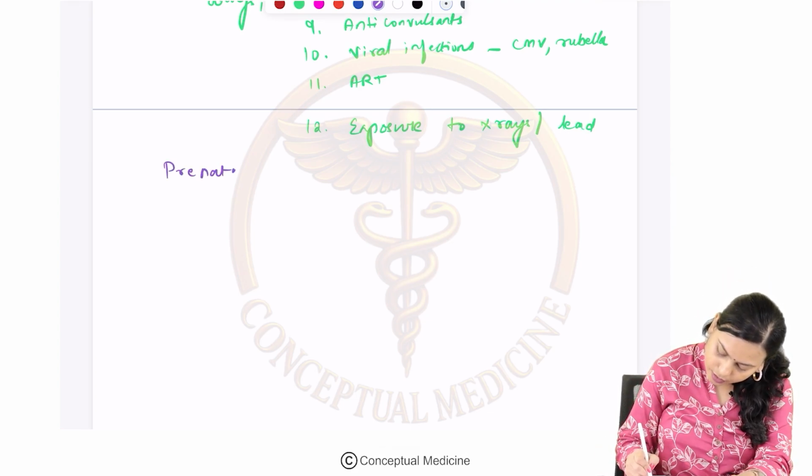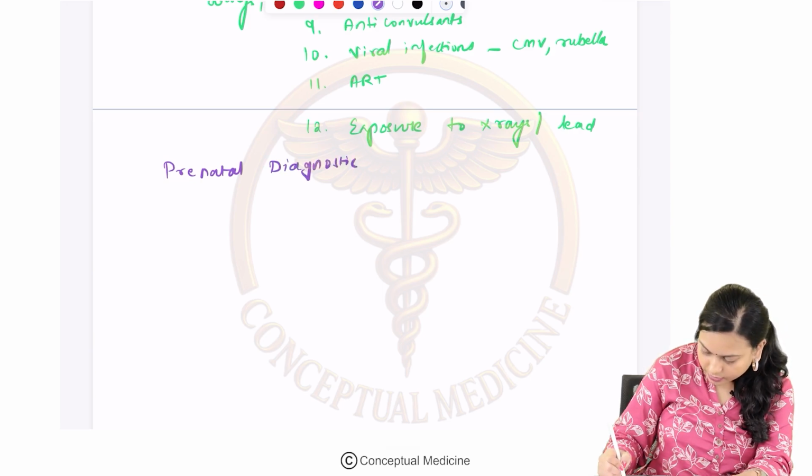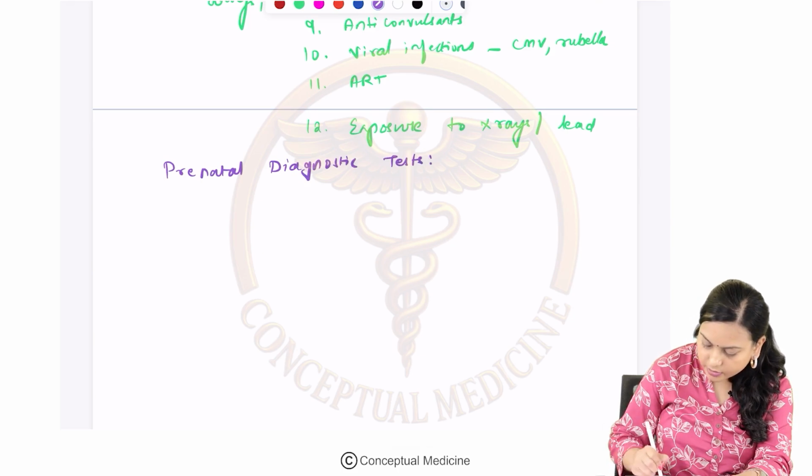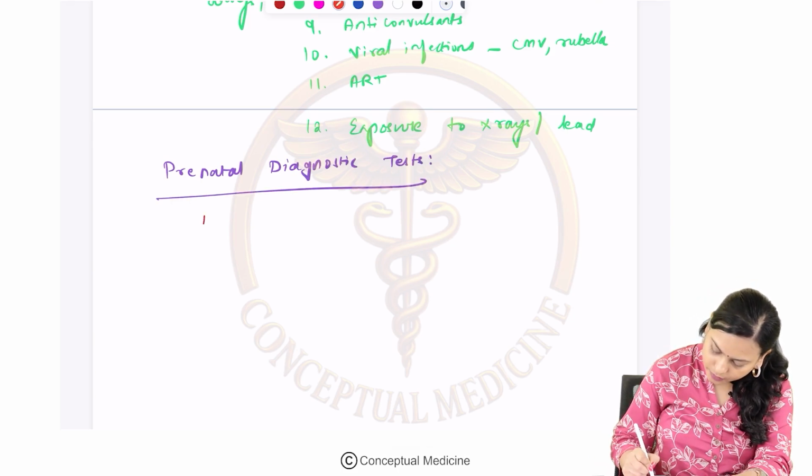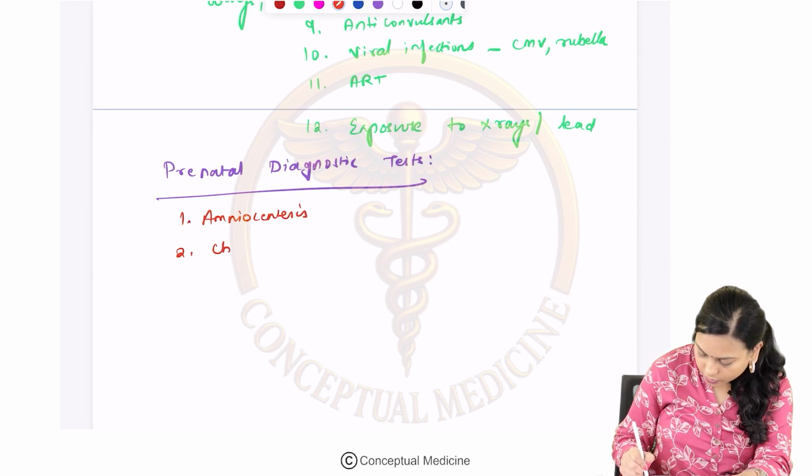So, the prenatal diagnostic tests that we are going to discuss here are number 1, amniocentesis. Number 2, chorionic villus sampling.